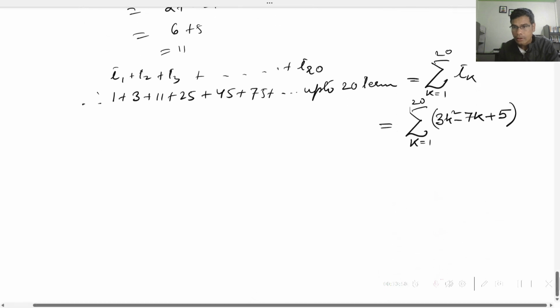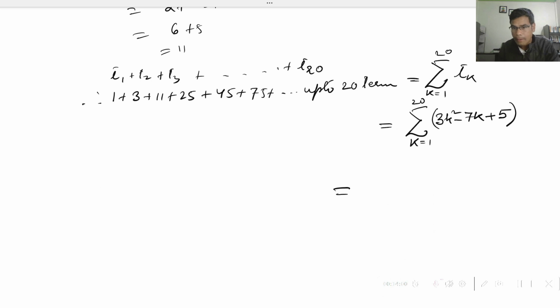So this is same as 3 times summation of k square, k goes from 1 to 20, then minus 7 times summation of k, k goes from 1 to 20, plus summation of 5, k goes from 1 to 20.